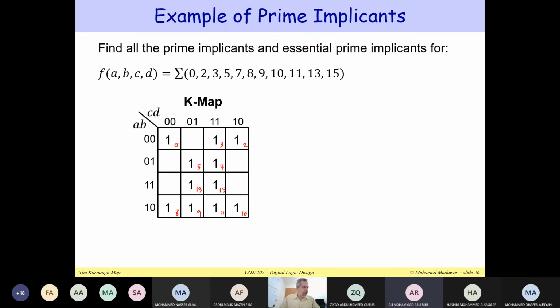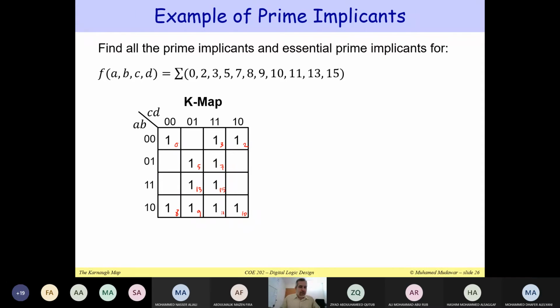I mean, how can you have a prime implicant that has 6 minterms? Can you combine 6 minterms? Can you have a prime implicant with 6 minterms? No, you have 2, 4, 8, and 16. Exactly. So forget about combining 6.